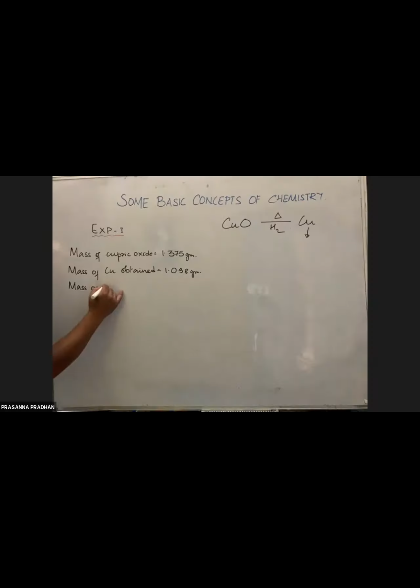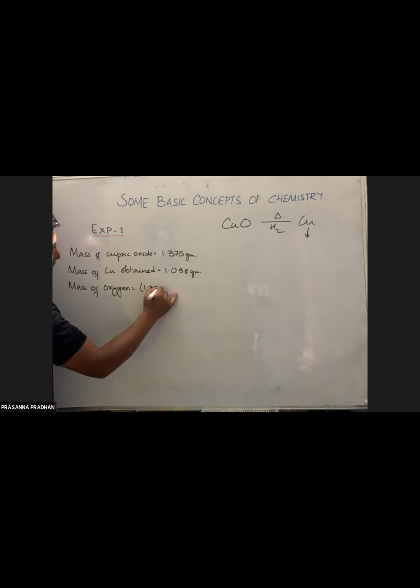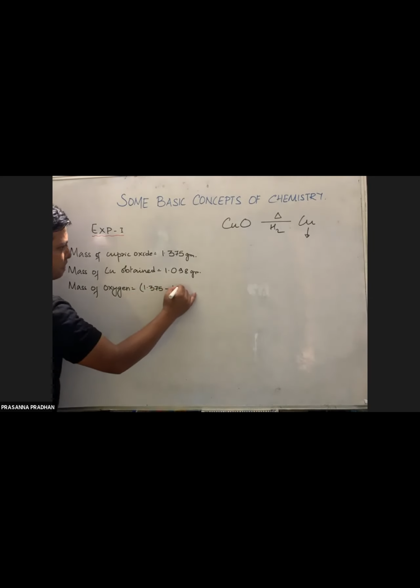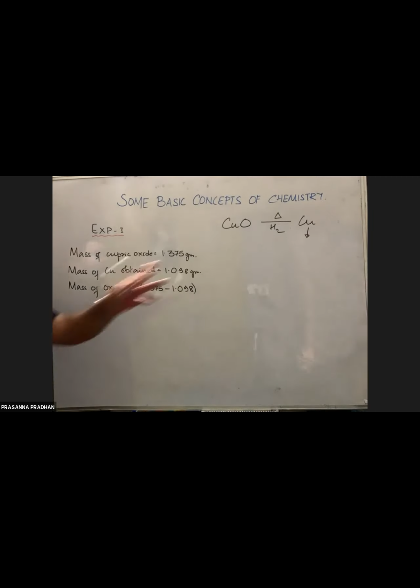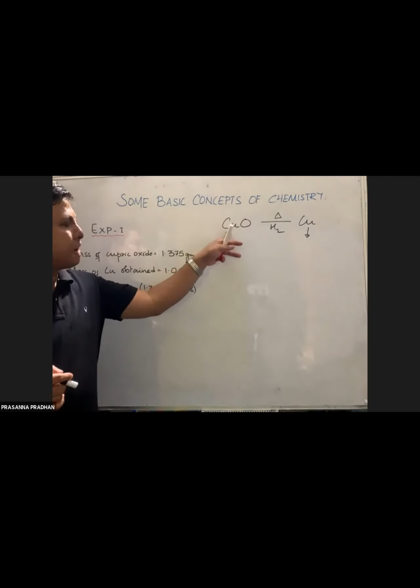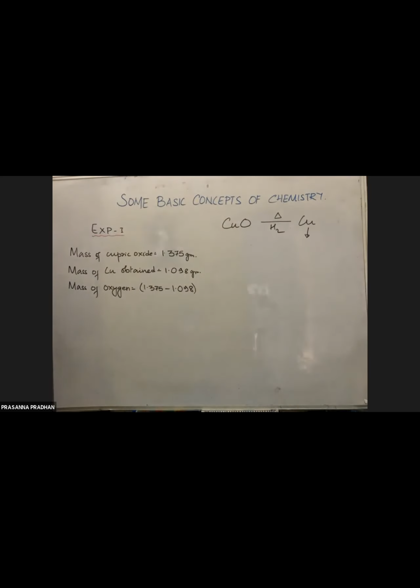The mass of oxygen will be equal to 1.375 minus 1.098. The total mass of copper oxide is given, the mass of copper is given, so the rest will be oxygen. So how much is it coming? 0.277.